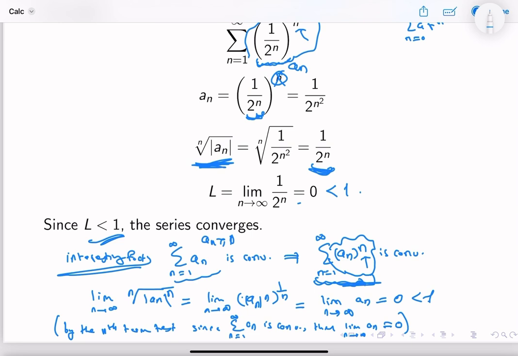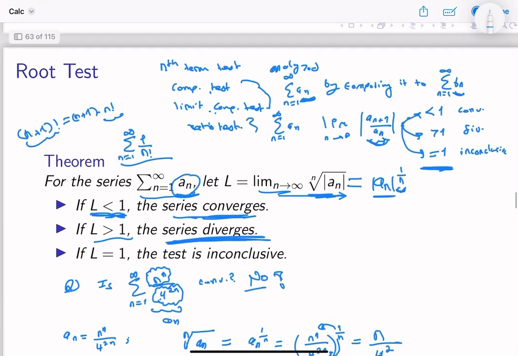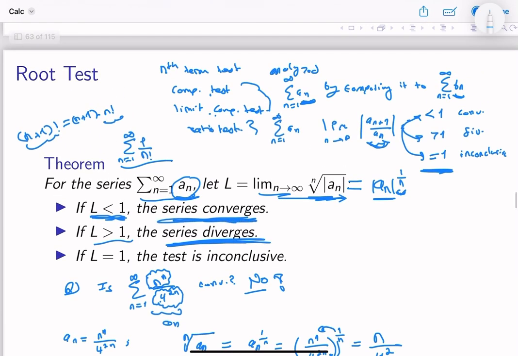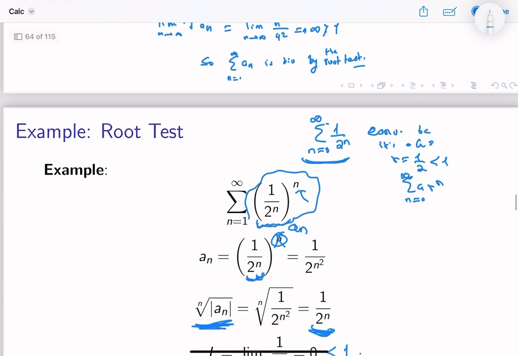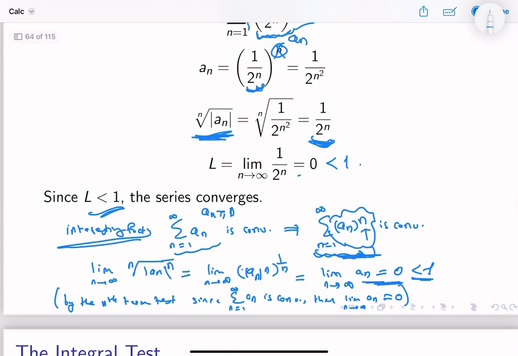And thus, since this limit is 0, which is strictly less than 1, then by the root test, the series is convergent. Which series? Well, it's the series that we applied the root test to, which means it's this series because we took these coefficients.